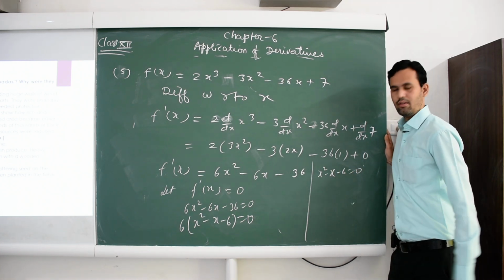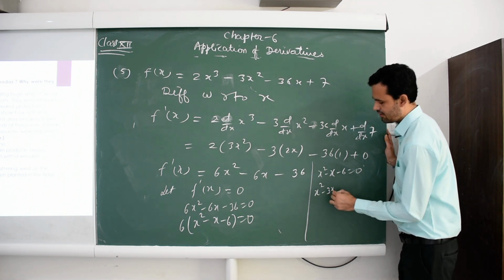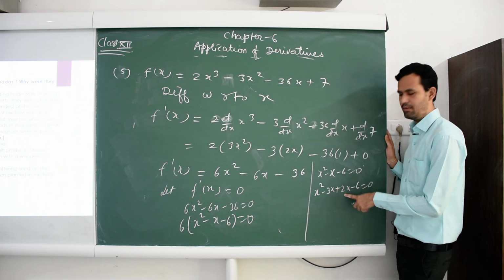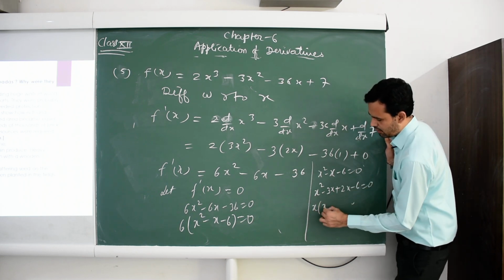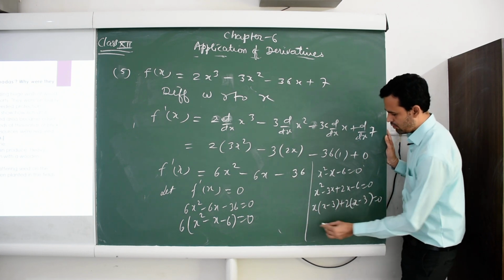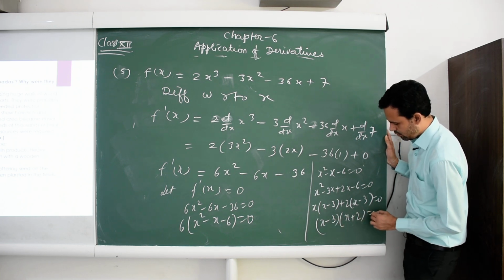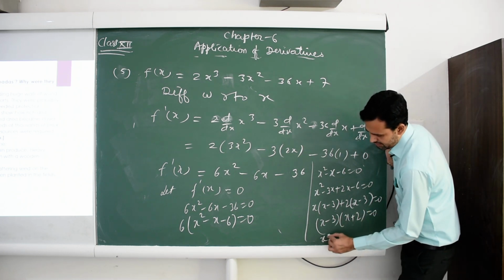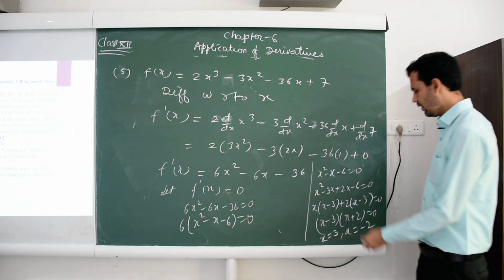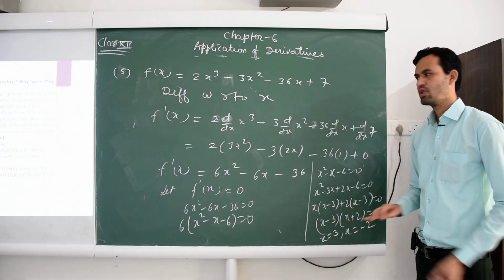So, we split the middle term: x square plus 3x minus 2x minus 6. So, x common, x plus 3, minus 2 common, x plus 3 equals 0. So there are two values of x, minus 3 and 2.